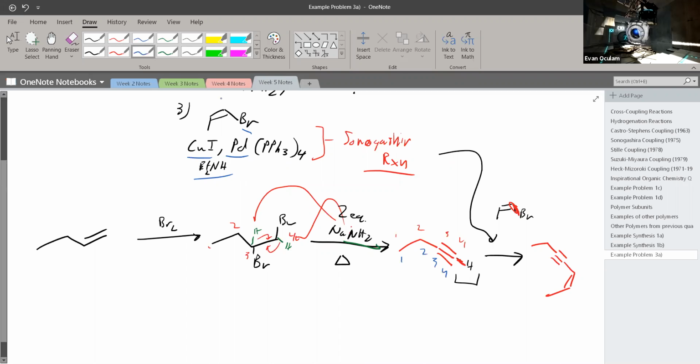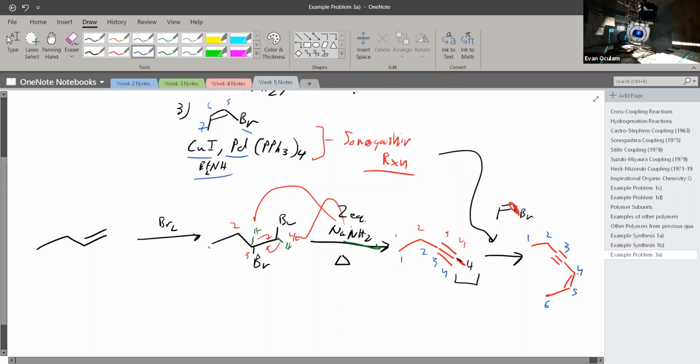Let's say this is 5, 6, 7. Sorry, my bad. 1, 2, 3, 4, 5, 6, 7. And so this is our final product at the very end, a 7-carbon system right there.